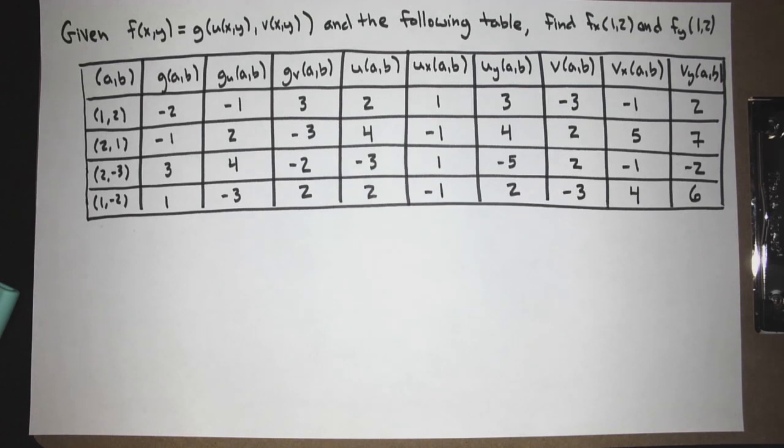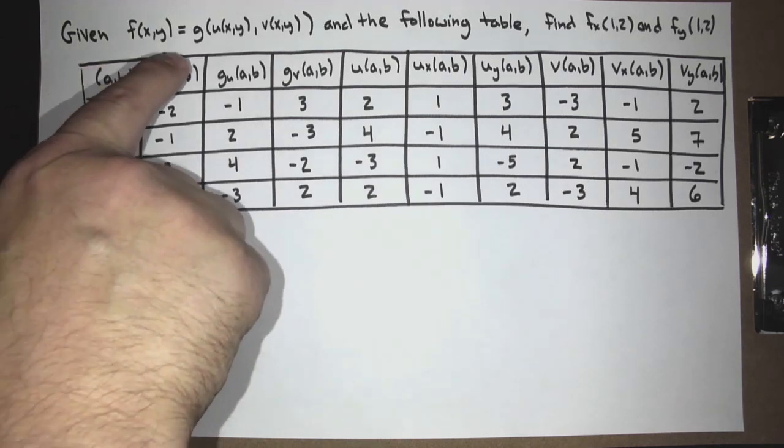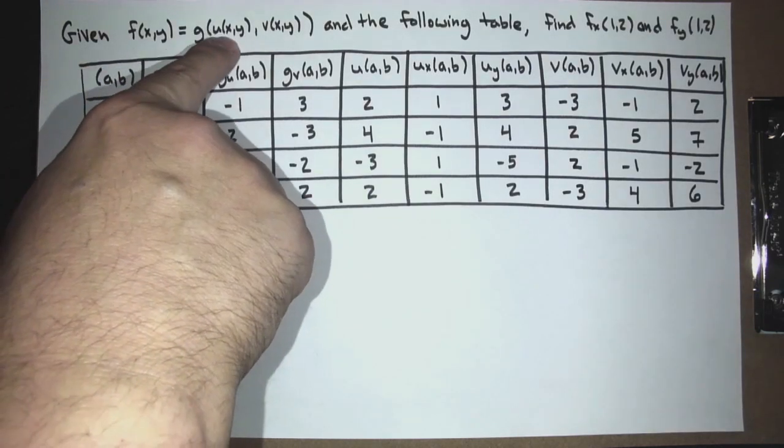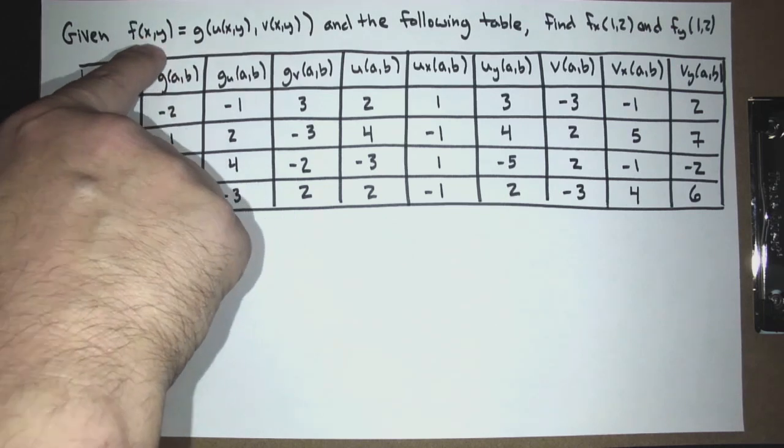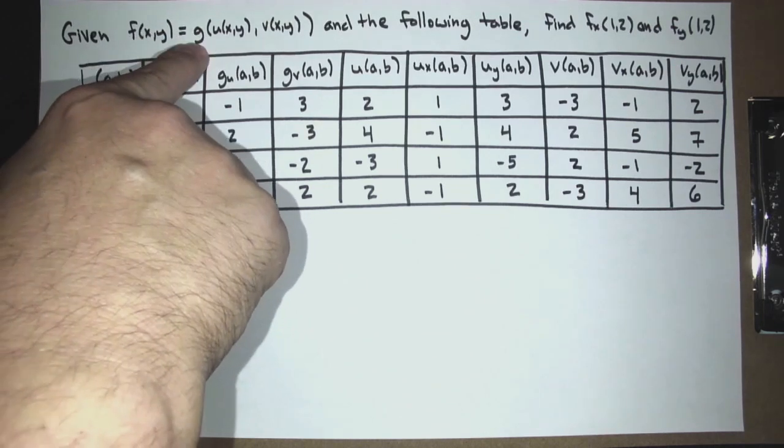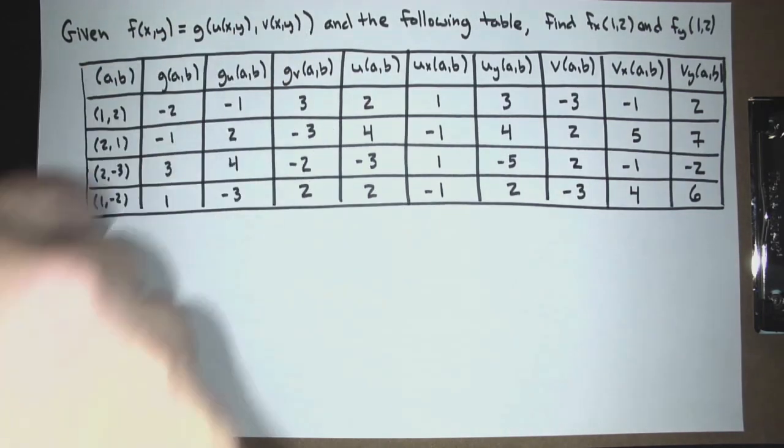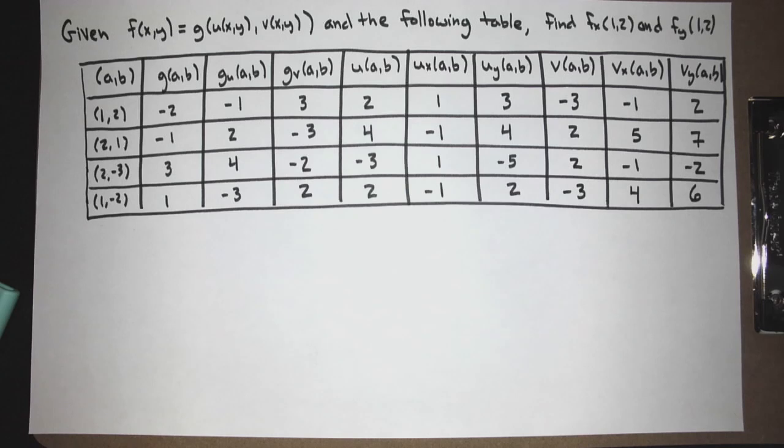Okay, so given that f of x,y is a function g of u of x,y and v of x,y. Okay, so what do we have going on here? Well, if we think about what's going on, we could draw a tree.